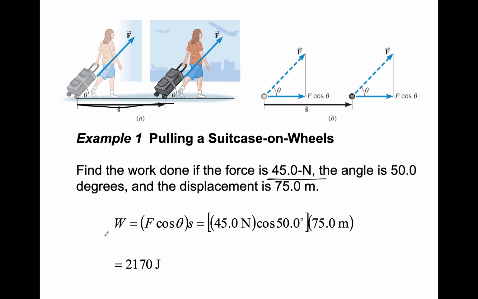Then we just apply the equation, which is the definition of work: force times displacement times cosine of the angle between force and displacement. Plugging in all the numbers, force is 45 Newton, angle is 50 degrees, displacement is 75 meters. And we found the work done by this force is 2,170 joules.